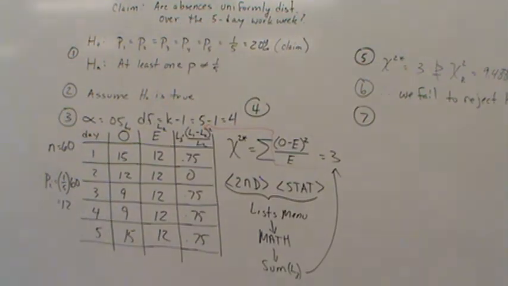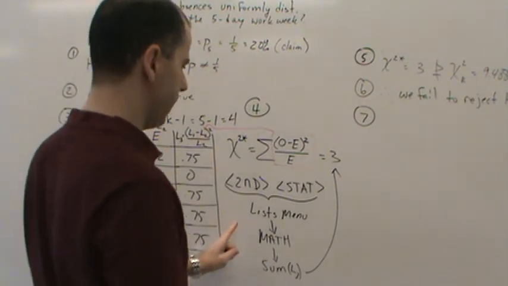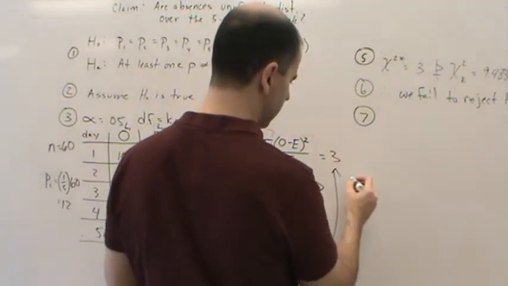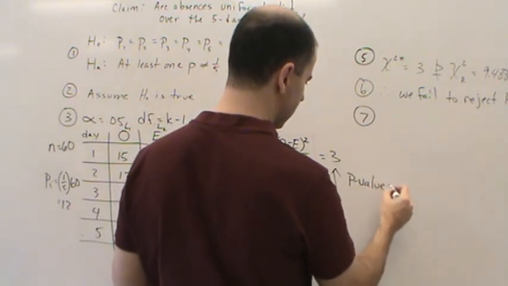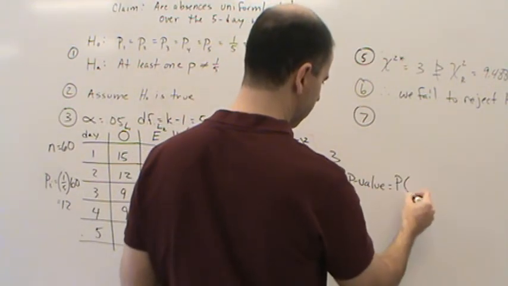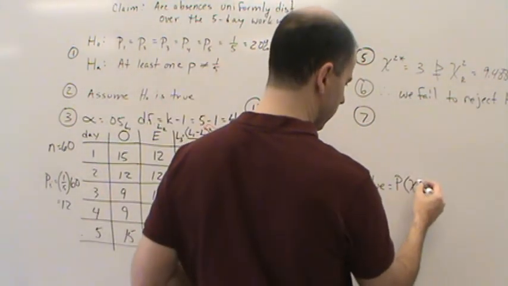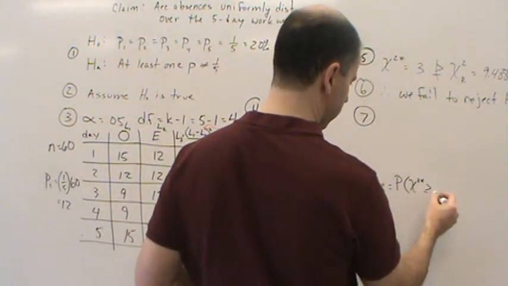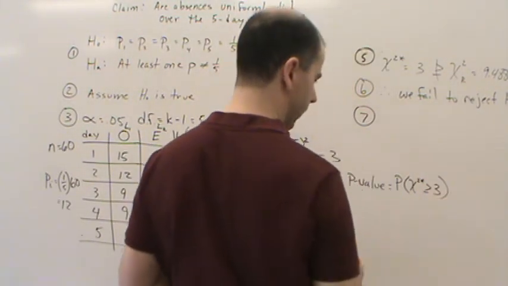Everything else we still have to do. Now with the p-value method, once we have this, if we want the p-value, remember it's a right-tailed test, so it's going to be the probability that our chi-squared test statistic, chi-squared star, is greater than or equal to 3, what we got from our calculation.